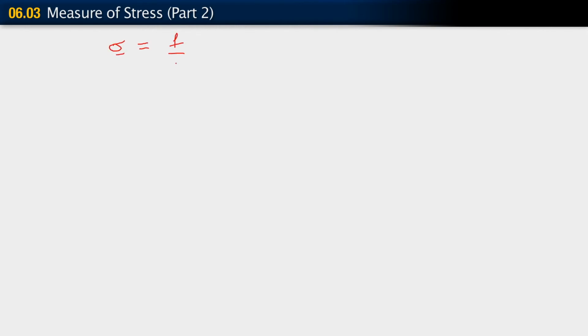Sigma is f over pi r square E1 tensor E1. P turns out to be r square over capital R square sigma. Sorry, I butchered this R.